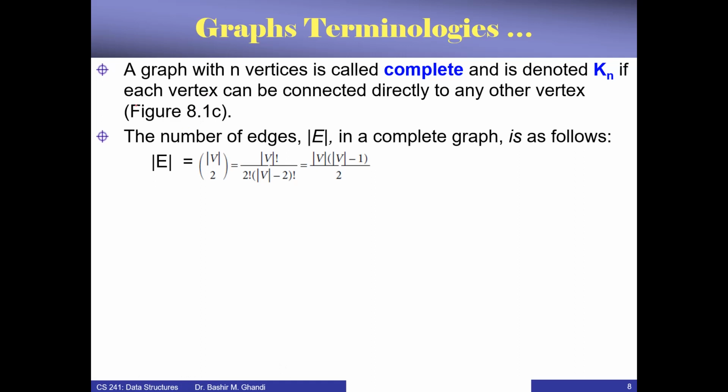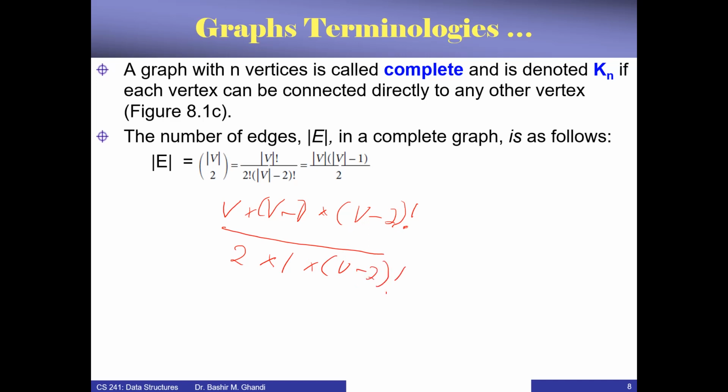The top V factorial can actually be written as V times V minus 1, times V minus 2, times V minus 3 and so on. Or you can just stop here: V times V minus 1 times V minus 2 factorial. Now divide it by the bottom. 2 factorial is 2 times 1, times V minus 2 factorial.